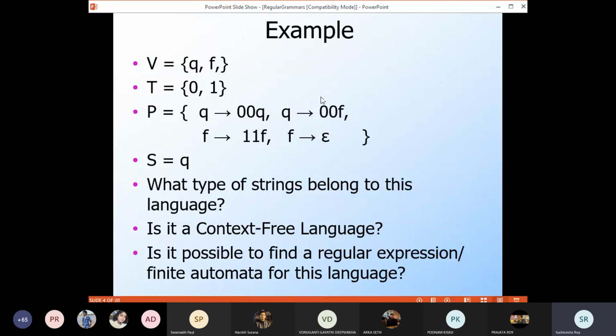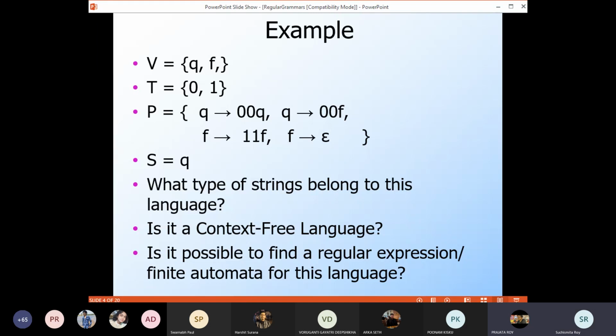Now looking at this, and since you have already worked with some grammars for quite some time, can you please tell me what kind of strings will be derived by this grammar? Ma'am, what kind, as in what classification or the strings itself?